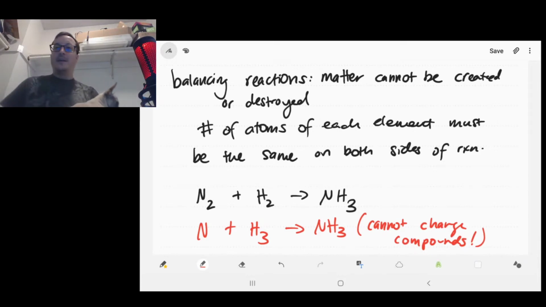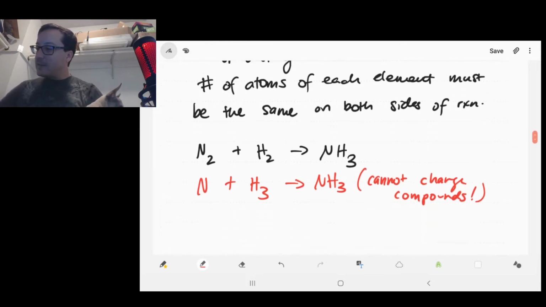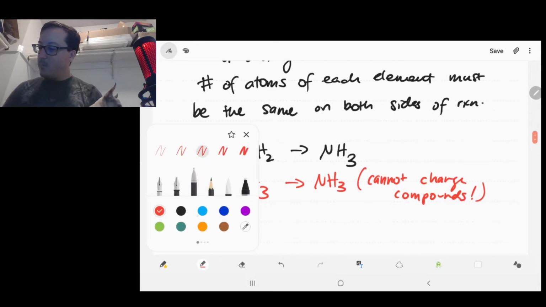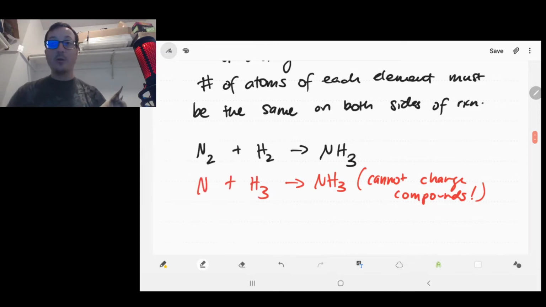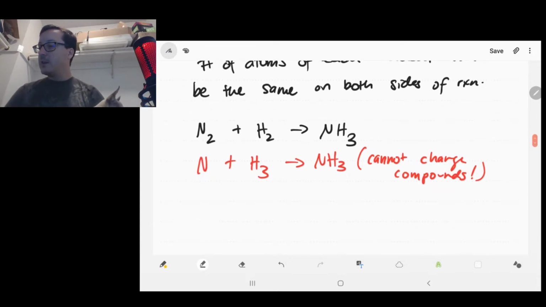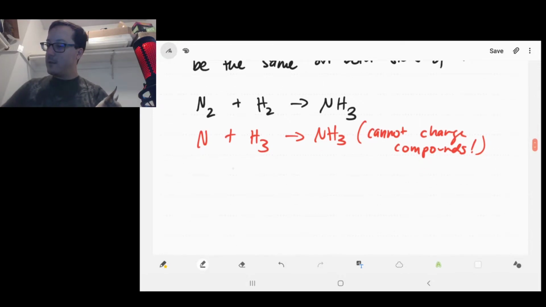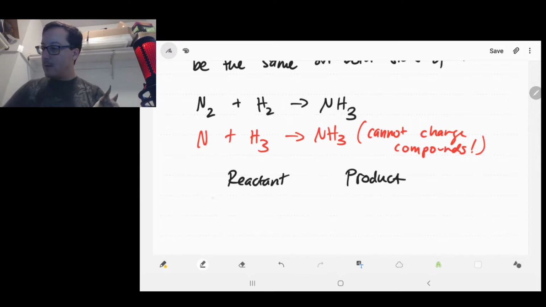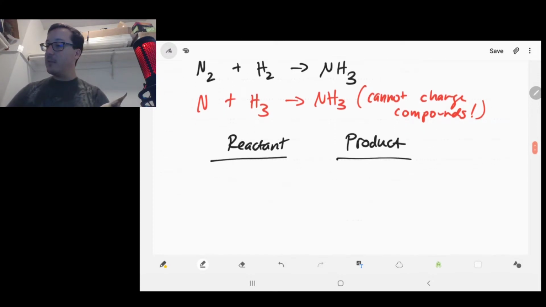So, if we want to look at this, one way to work with this sort of thing is to keep a tally of how many of each element you have on one side. So we have our reactant side. We've got our product side. With this reaction, we only have two elements that we're dealing with.